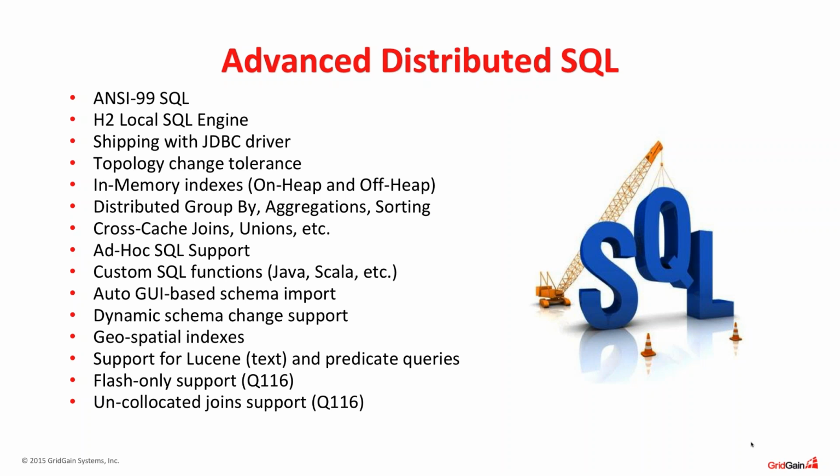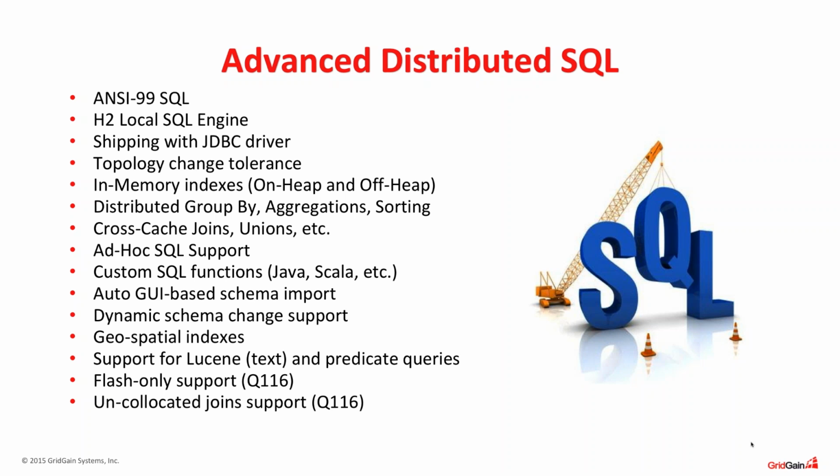Something is happening, not constantly, but in large clusters that's not something you can ignore. So when you query the data, you have to be guaranteed that at any given point in time, no matter how many nodes are going up and down or starting or stopping, you're querying a consistent set of data. It's easy to say, it's much harder to do, but we do have topology change tolerance.